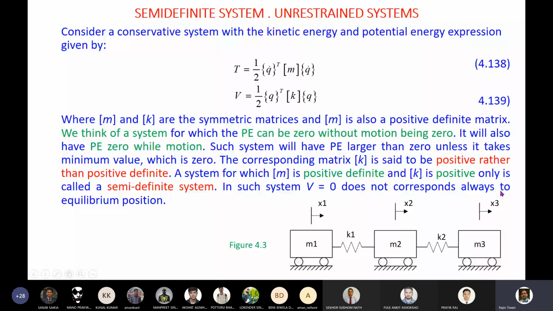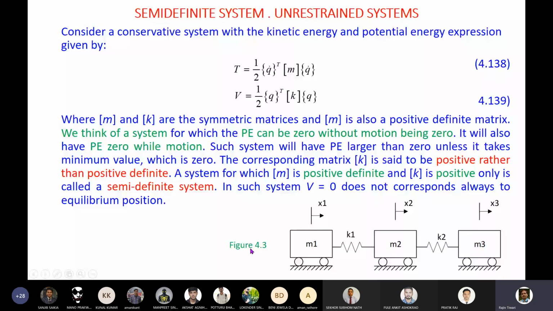One such system is shown here. You can see that these wagons are moving in horizontal motion. None of the wagons are attached to some fixed support. They are moving on a rail and are connected with each other, but not to some fixed support.